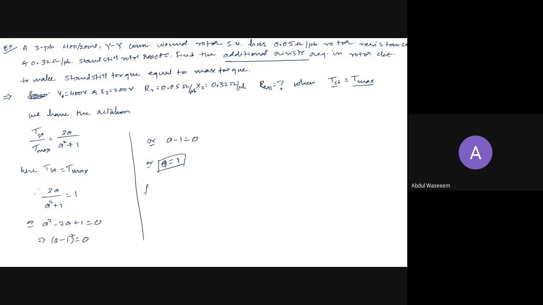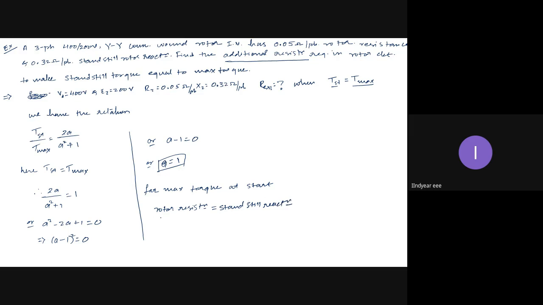Yes, sir. For maximum torque at start, rotor resistance is equals to standstill reactance. Is it right? R2 should be equal to X2.